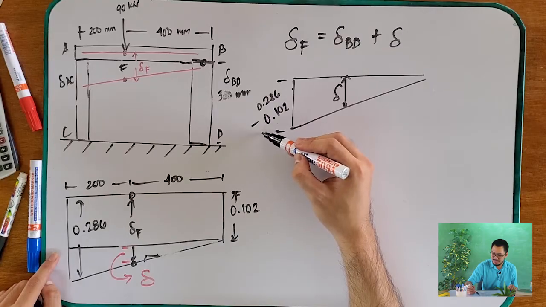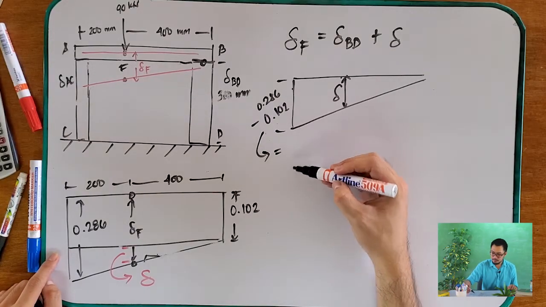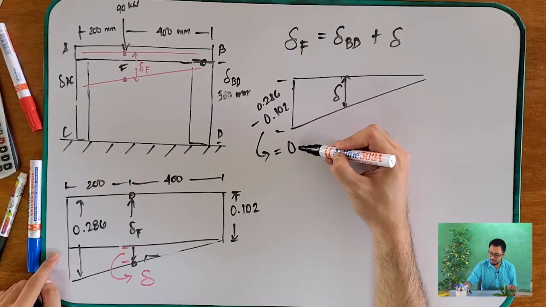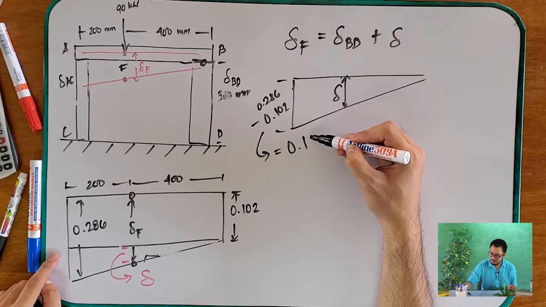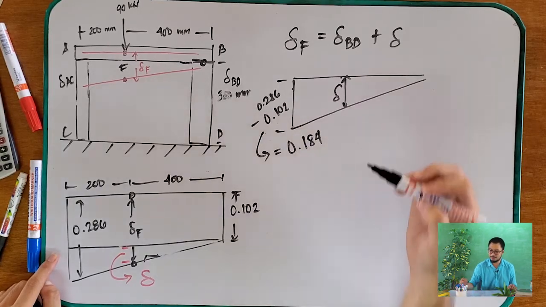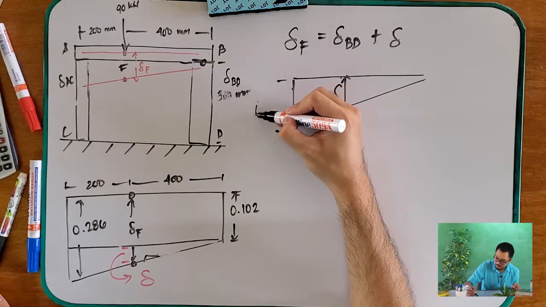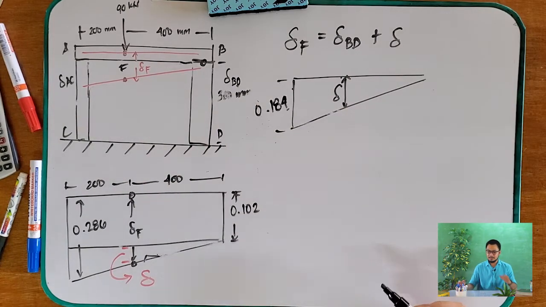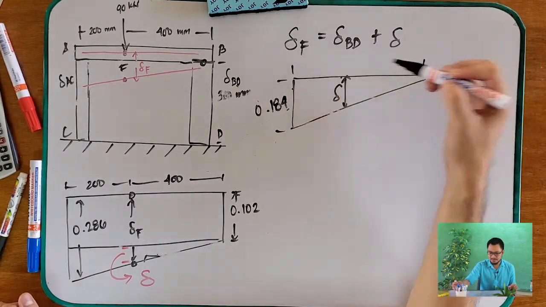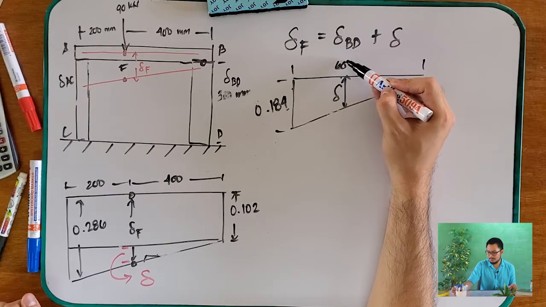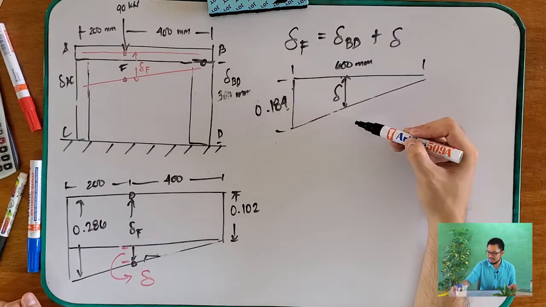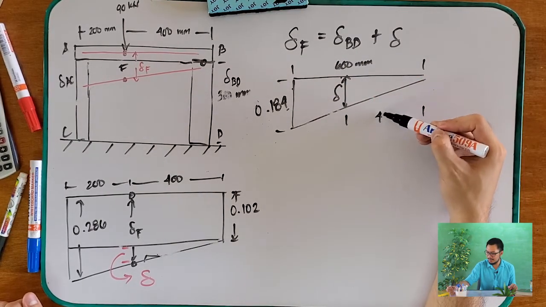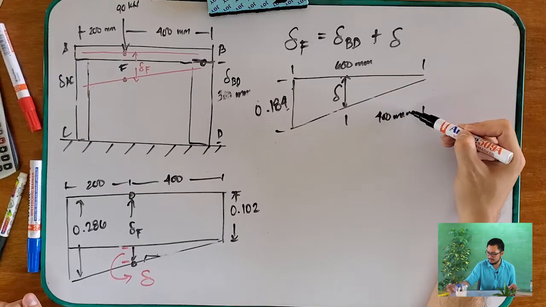So this length is equal to 0.184. Okay? So that one is 0.184. Okay. And this length is 600 millimeters. And this length here is 400 millimeters.